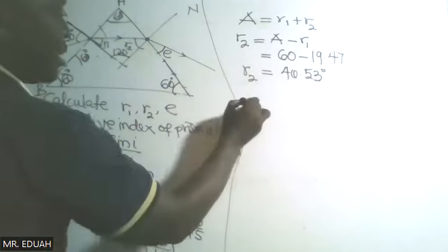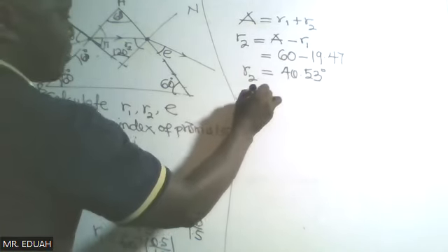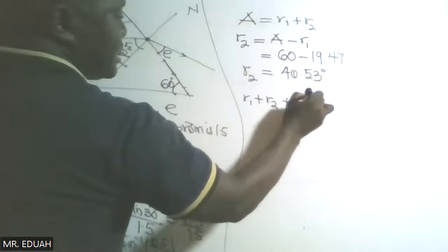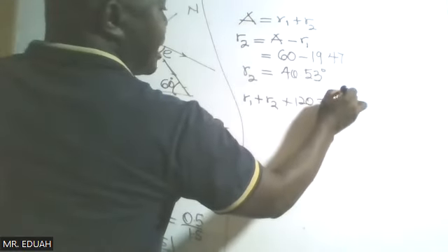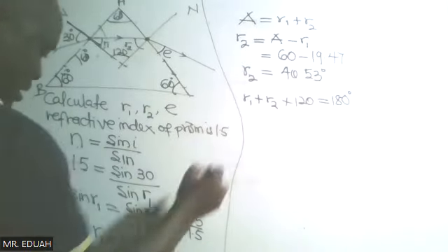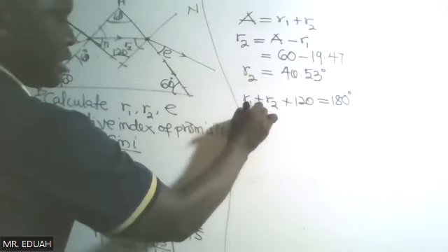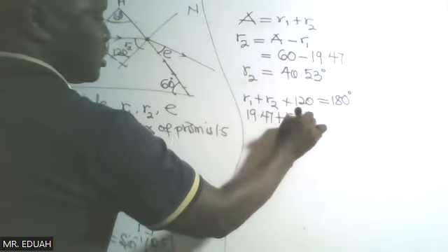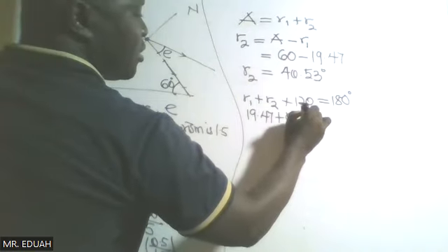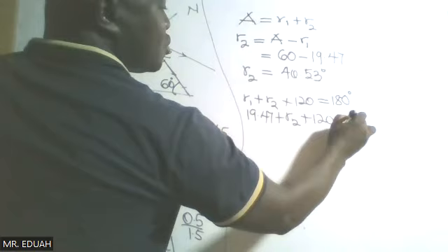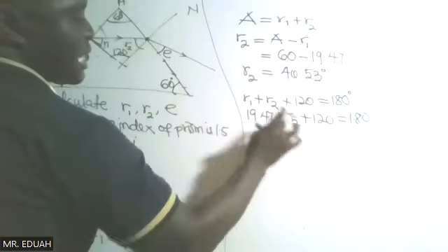So R1 plus R2 plus 120 must be equal to 180 degrees. R1 is 19.47 plus R2 plus 120 is equal to 180. So let's sum this up.